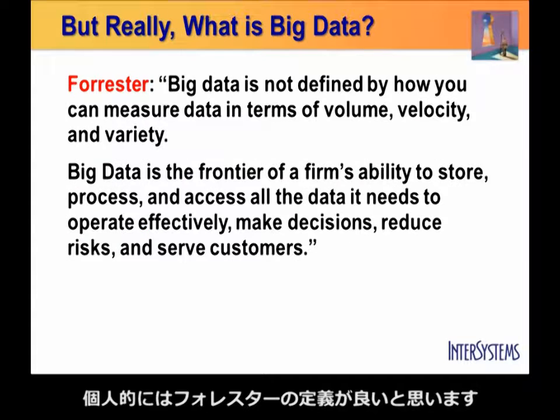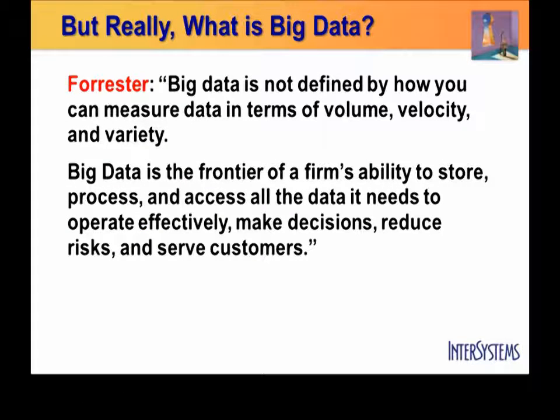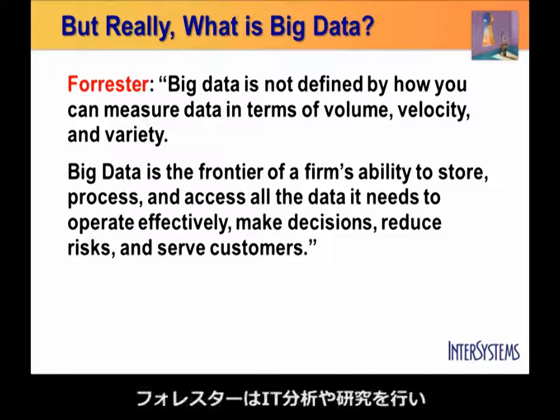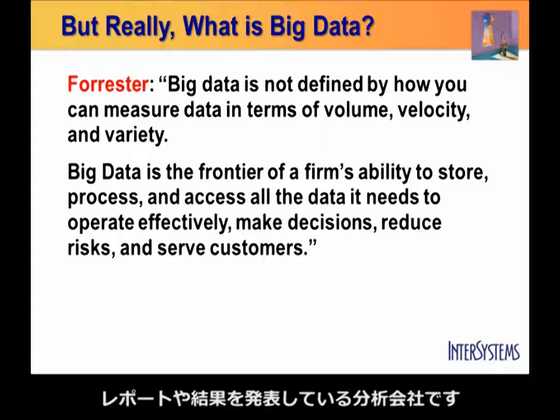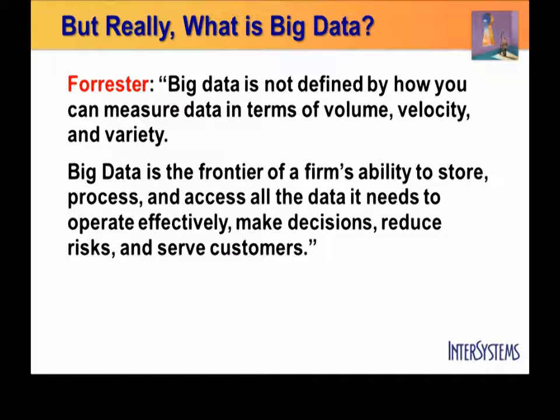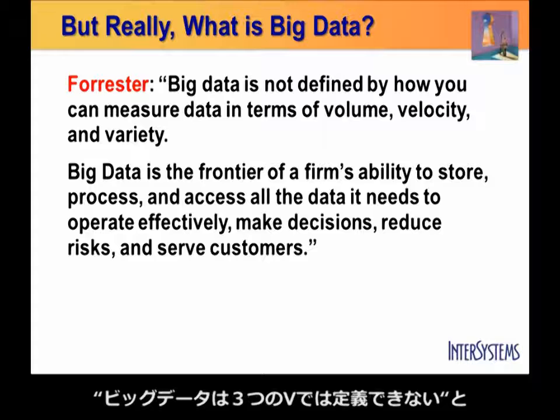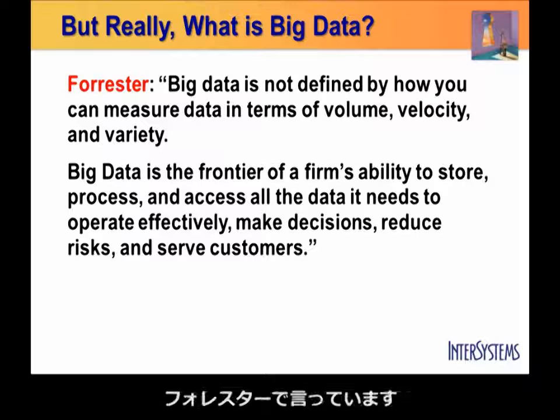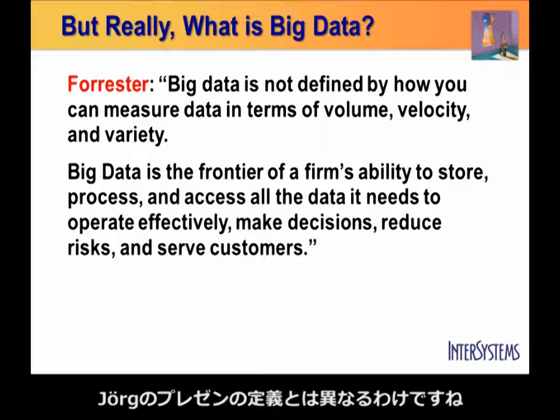I personally like the definition from Forrester. It's an analytics company that does IT analysis and research and publishes reports and results on various things. So Forrester says big data is not defined by how you can measure data in terms of volume, velocity, and variety. So it's not the 3 V's that Jorg said.